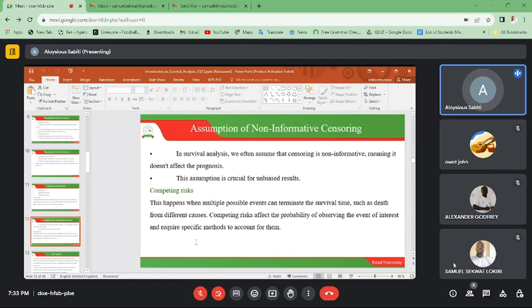So what are some of the assumptions of non-informative censoring? In survival analysis, we often assume that censoring is non-informative, meaning it does not affect the prognosis. Therefore, those individuals who do not face that particular event that you had subjected them to, you consider them to be non-informative, in that they do not affect the prognosis of what you're trying to understand.